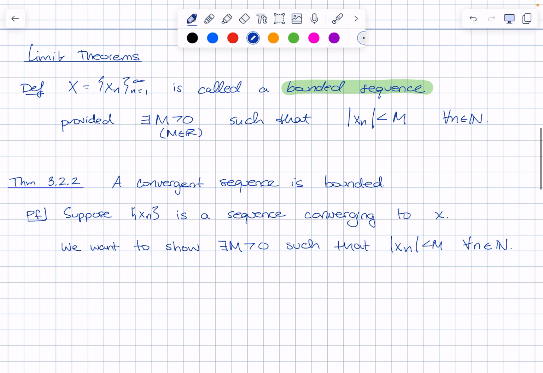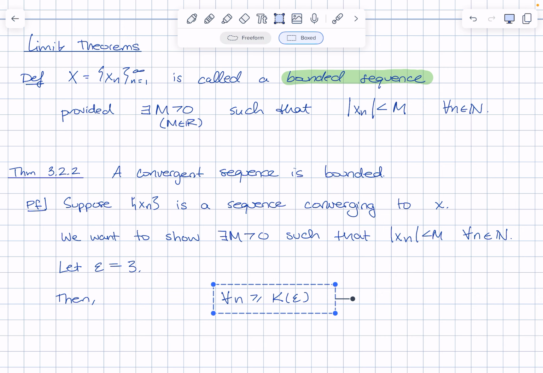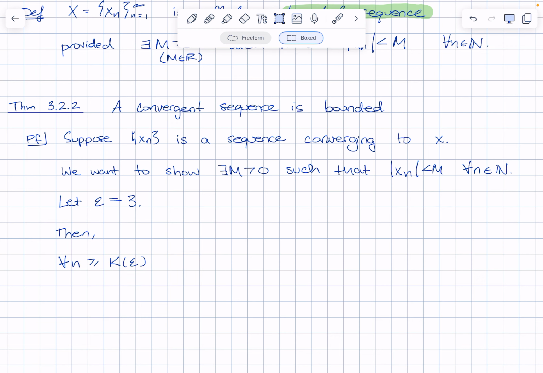Okay. So now let epsilon equal, what's a number you would like to use? 3? Okay. Then for all n greater or equal to k epsilon. Right, so we're using what fact here? The definition of limit. Yep. So I'm going to be a little bit more specific here.